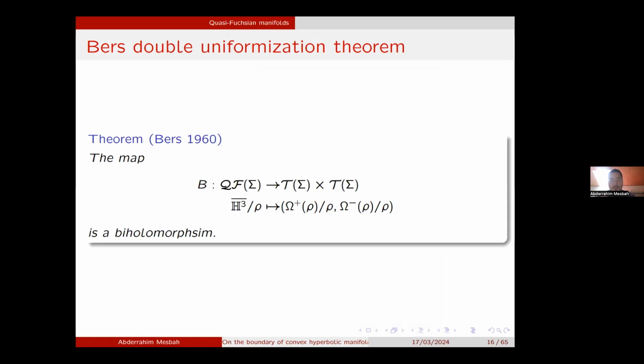So we can understand the study of quasi-Fuchsian manifolds as the study of their ideal boundary in some sense, because we have a full identification.